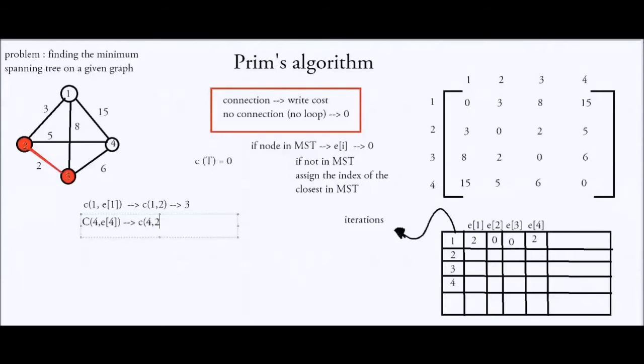So 4 to 2, you just check this cost, and in your graph it is going to be 5. And now once you've got this calculated, all you got to do is take the one with the smaller cost. So simply you are going to add a new one in your graph.